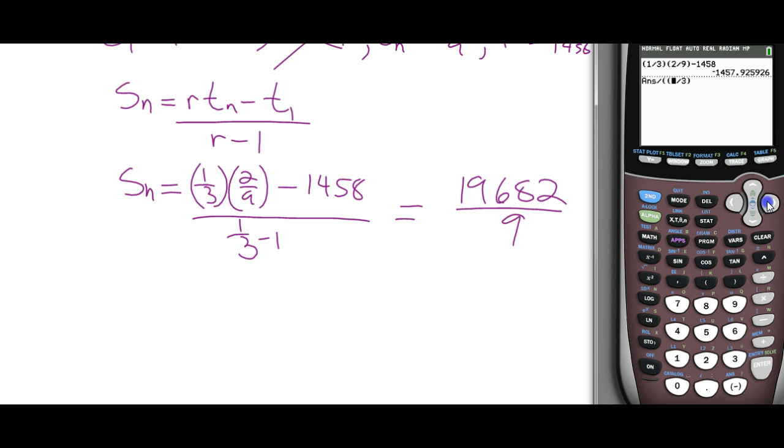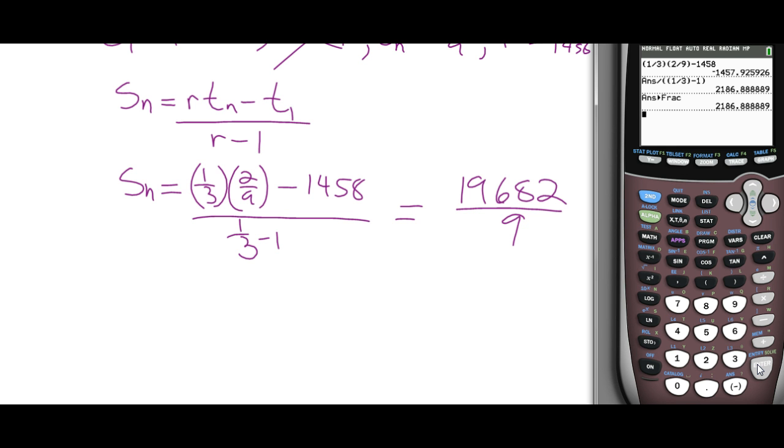So this is the numerator, and I'm going to go 1/3 minus 1, right? And then math, enter. And it doesn't do it. Mine did it, though I have an old one. It's 19,682 over 9. So some calculators did it and some didn't.